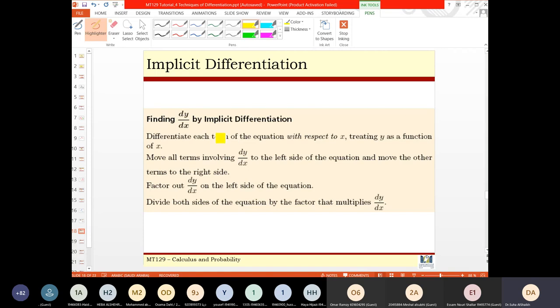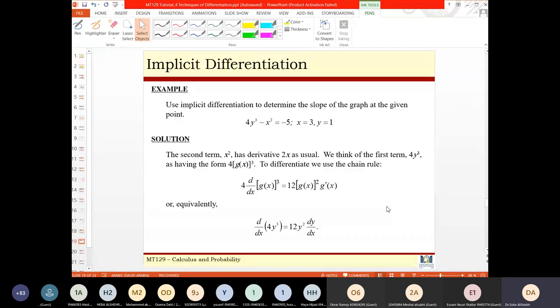We differentiate each term of the equation with respect to x, and we treat y as a function of x. كأنها function داخلها x. So we move all the terms involving dy by dx to the left of the equation. All the other terms go to the right. We factor the dy by dx on the left side of the equation and divide both sides by dy by dx. And let's do an example to understand how to do that.